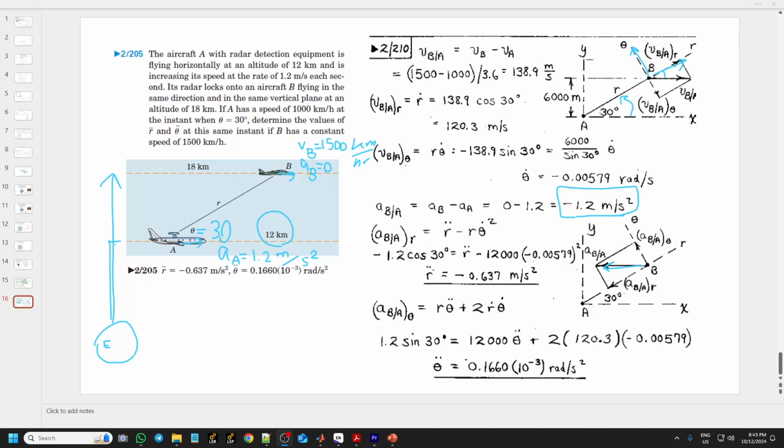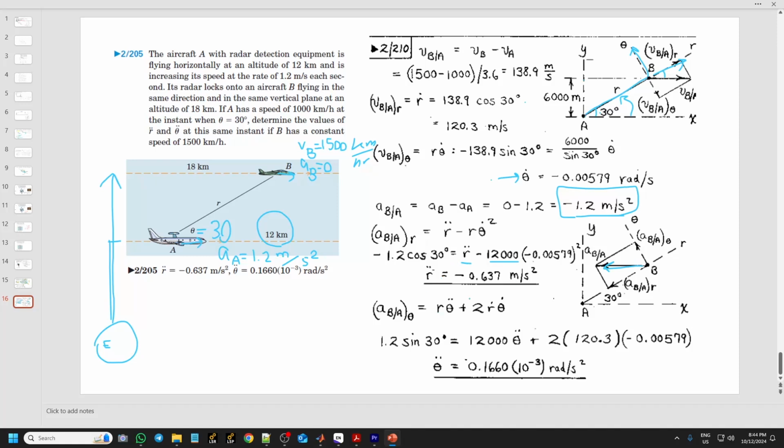When here is 12 kilometers and here is 18 kilometers, therefore from this point to this point is 6,000, and since this is 30 degrees, this will be 12 thousandths. So r will be 12 thousandths. And theta dot, we have already obtained in the previous equations. So we just substitute this, and r double dot we need to find.